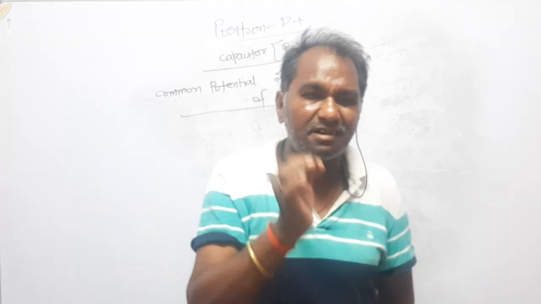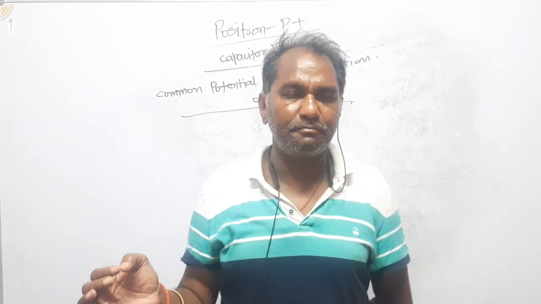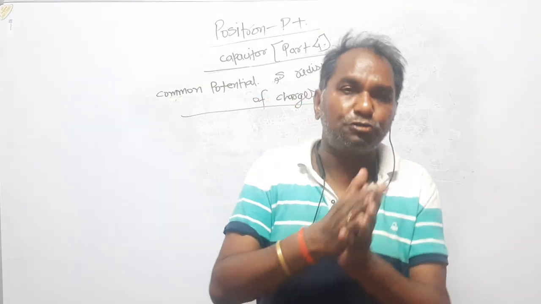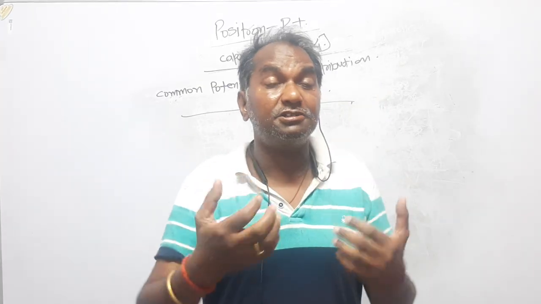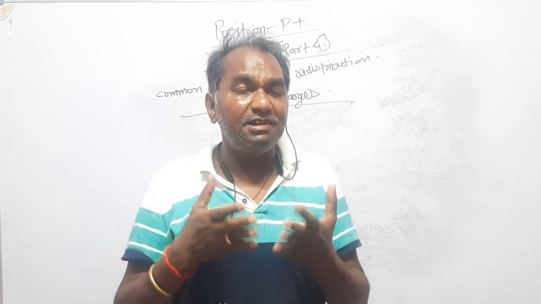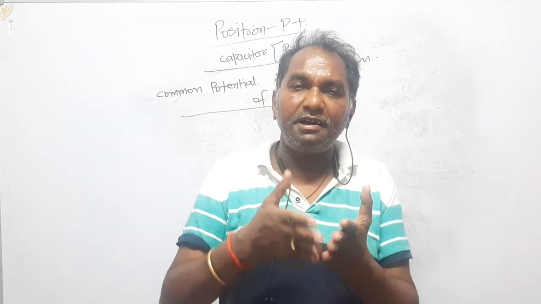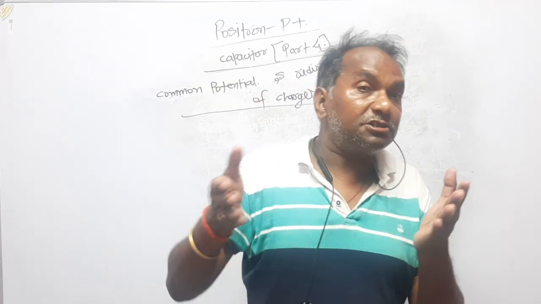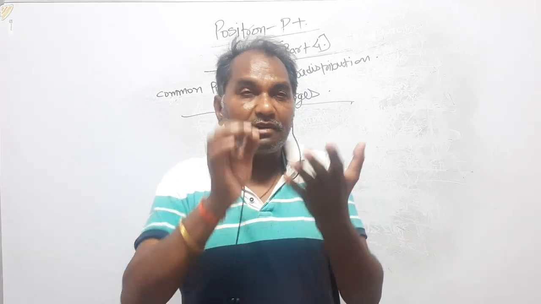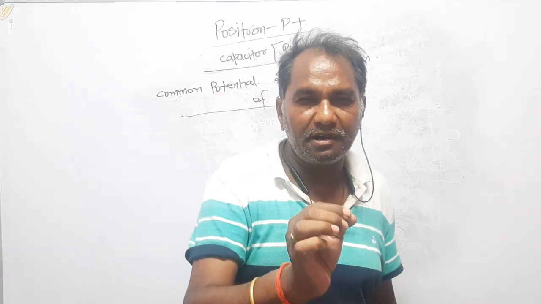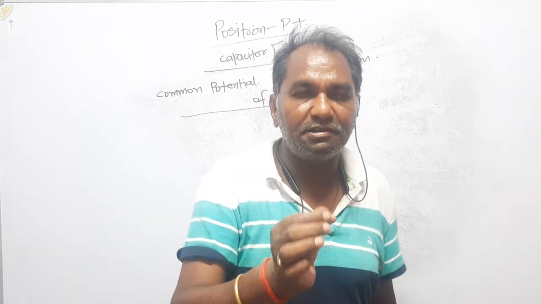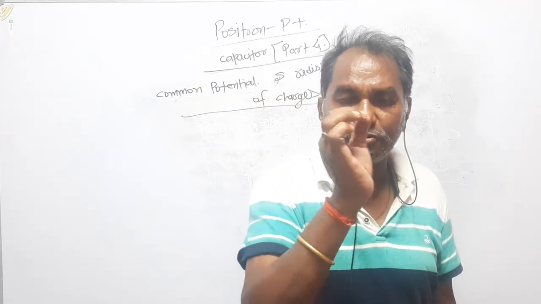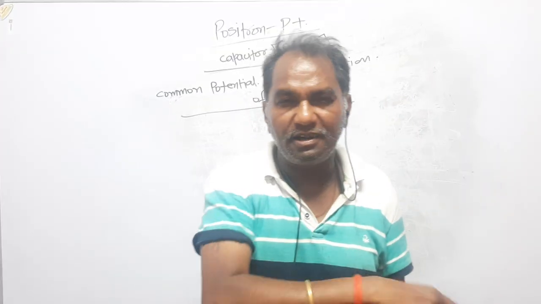It is an international standard that the direction we consider for current is the direction of flow of positive charge, or the current flows opposite to the flow of negative charge.